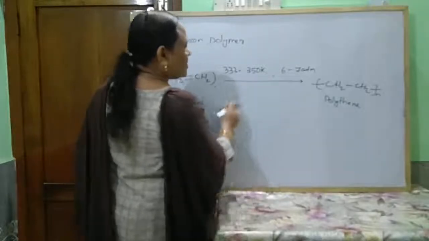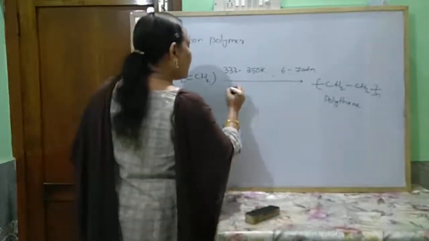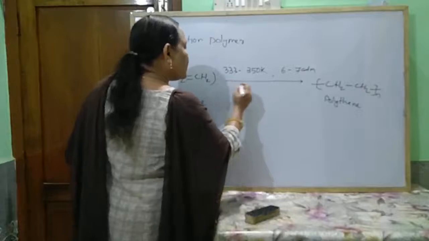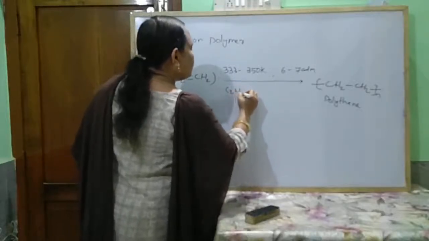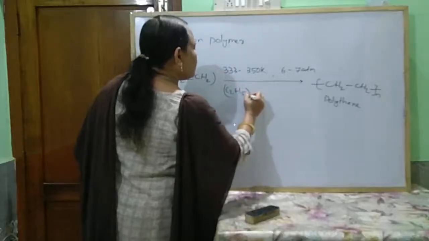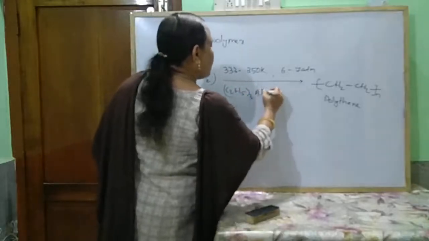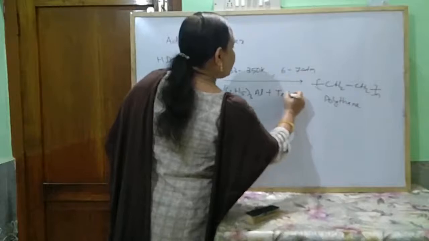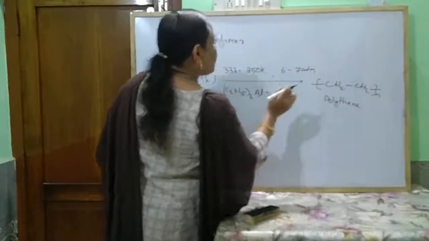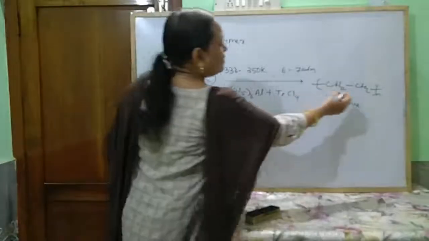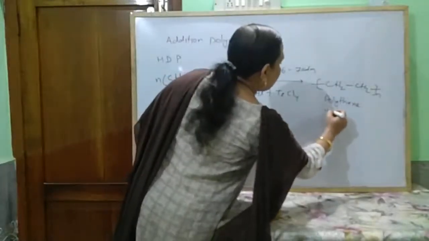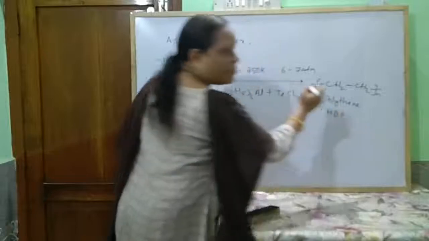The catalyst generally used is triethyl aluminum in the presence of titanium tetrachloride. This is called the Ziegler-Natta catalyst. This gives high density polythene.